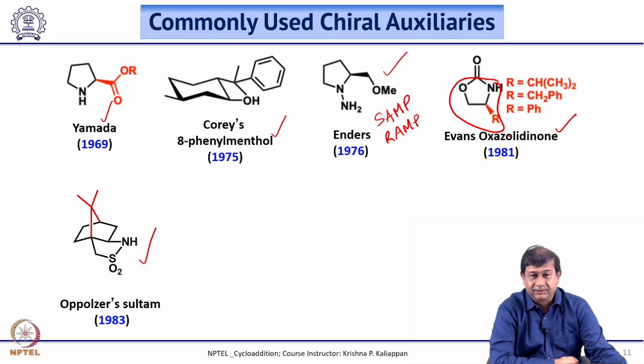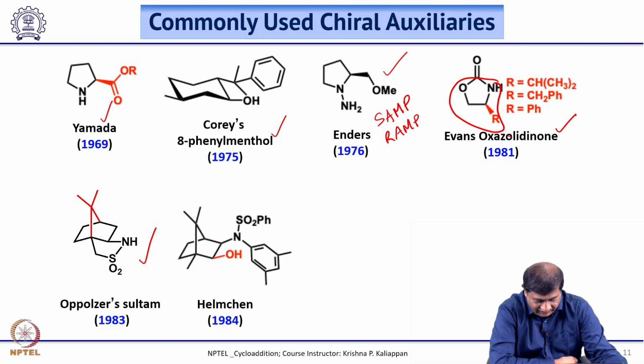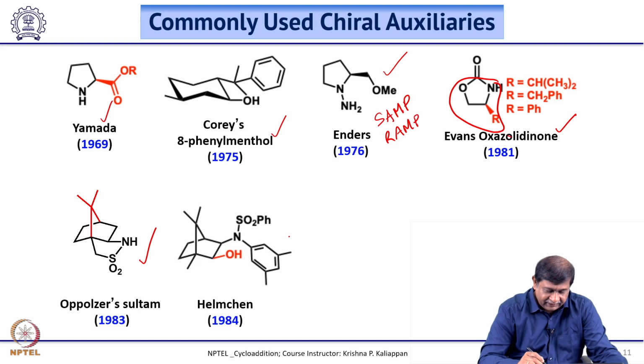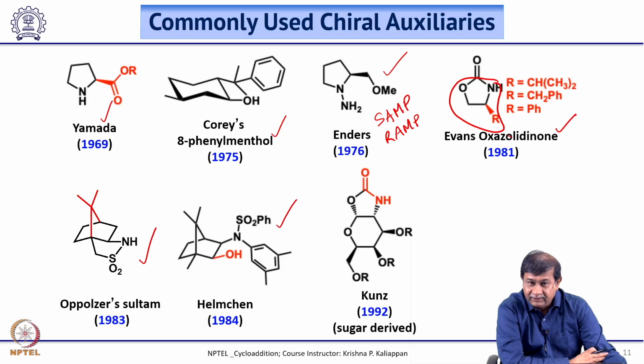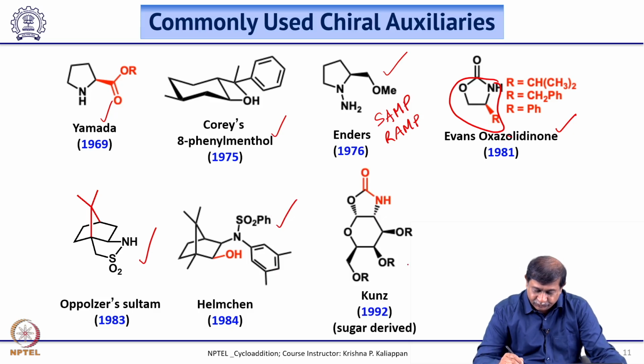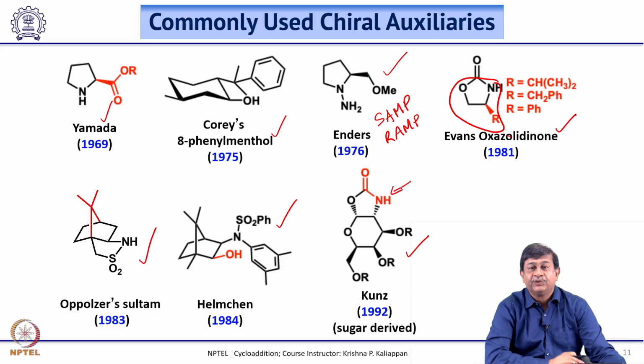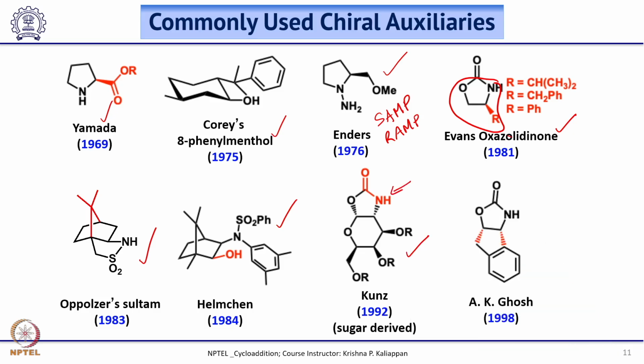This is also a very good chiral auxiliary and could be successfully used in many asymmetric reactions. Helmchen a year later used camphor based amino alcohols as chiral auxiliary. And then Kunz in 1992 prepared oxazolidinone from sugars, and Arun Ghosh in 1998 prepared another interesting oxazolidinone derivative derived from indane amino alcohols.